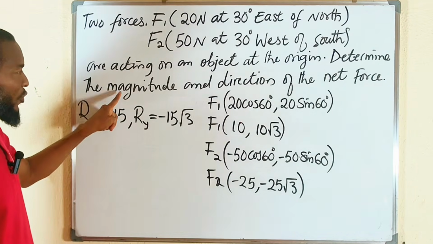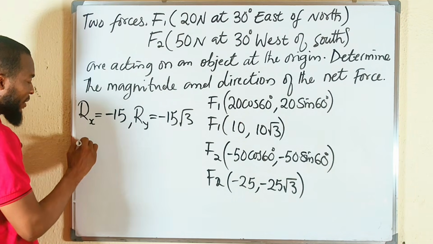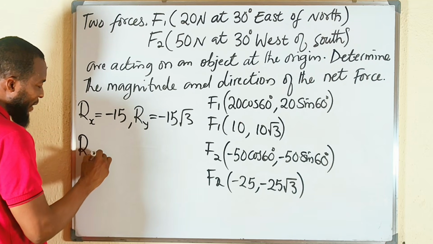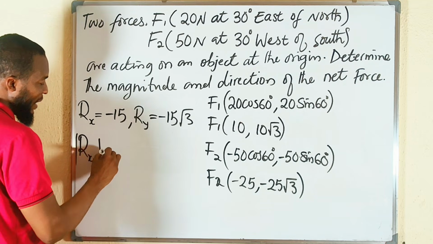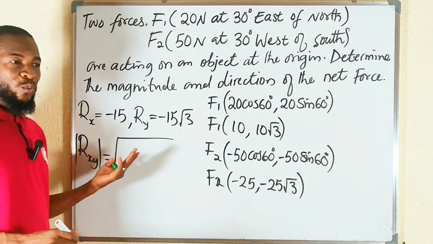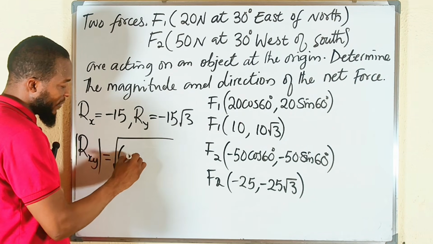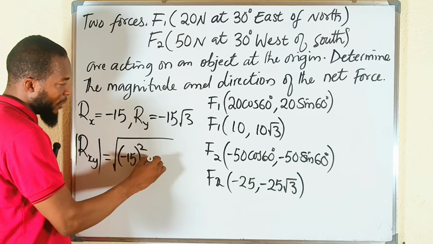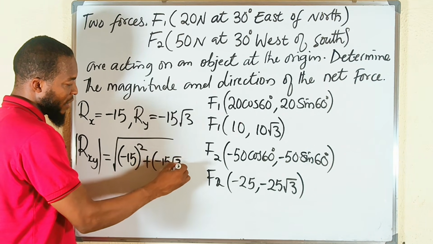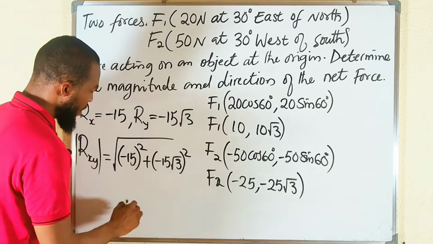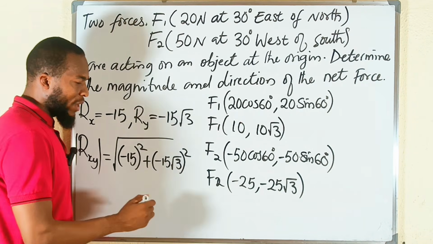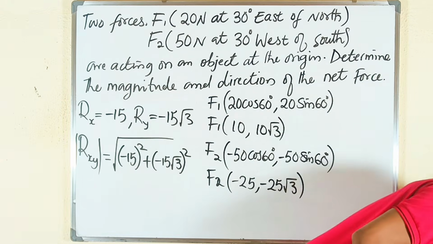Next, let's compute the magnitude. The magnitude of the resultant components is equal to the square root of the x component squared. Let's start with this one. Negative 15 squared plus negative 15 root 3 also squared. This is going to be 225, right? But let me use my calculator.